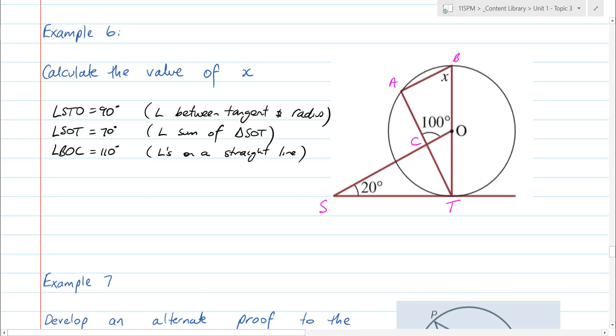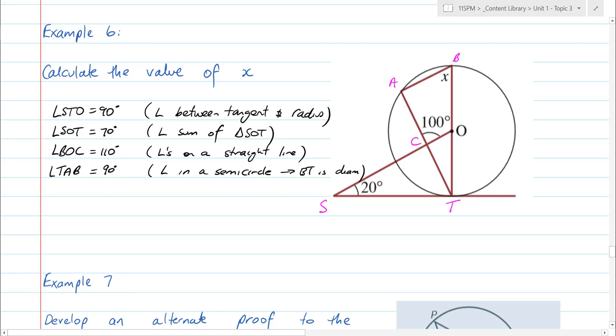And then I'm going to say angle TAB is equal to 90 degrees. This is angle in a semicircle. And you'll note here that BT is the diameter.